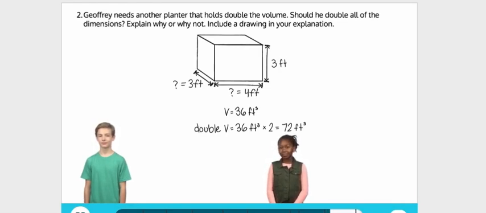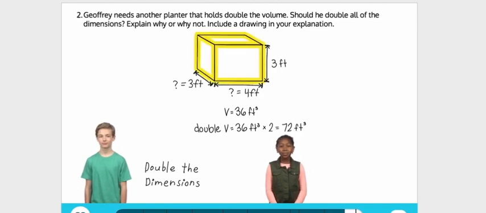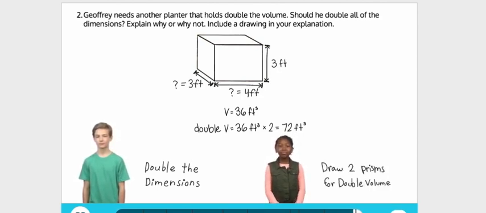Let's see 2 of these ways. What did you do, Zeph? I decided to double the dimensions and solve for this volume. That way, I could see if it was equal to 72 cubic feet. Good thinking. How did you solve, Milan? I drew a second identical prism to show what it looks like when we doubled the value. Then I used this to help me think about what the question is asking. Which explanation do you want to hear?